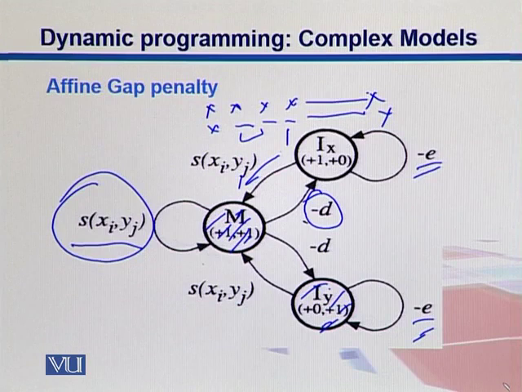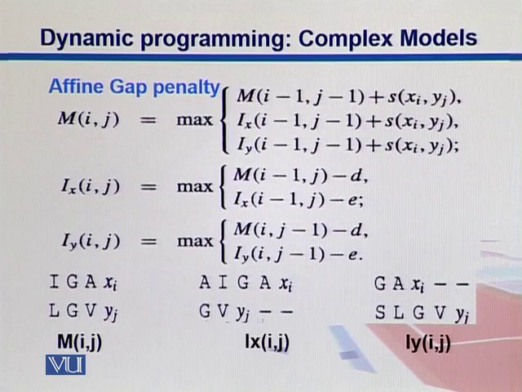In this way we can model our system with the help of this diagram and recognize three important states, and the drivers of these states are these scoring systems: the situation where we get a match or a mismatch, or the situation where we get gaps starting or gaps continuing, coupled with their respective penalties.